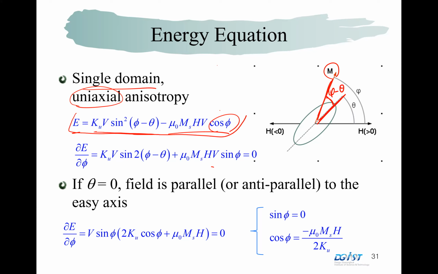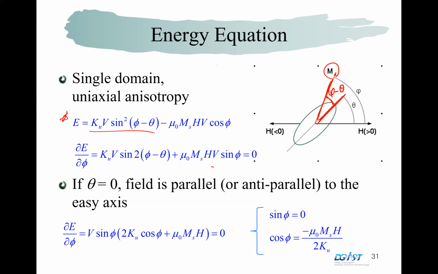So I hope all students understand this energy description. Is it okay? Yeah, please take your own time to understand this equation. This is the most important equation in today's lecture. Okay, if we have a biaxial system, what term will be changed?